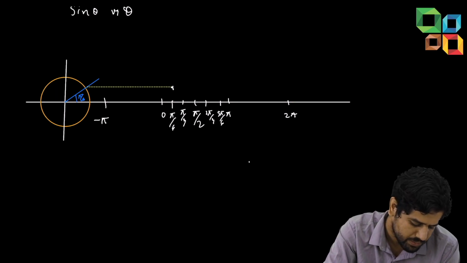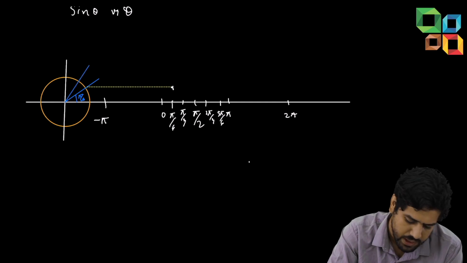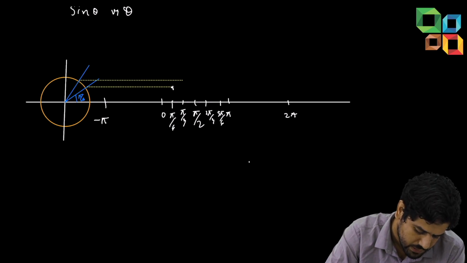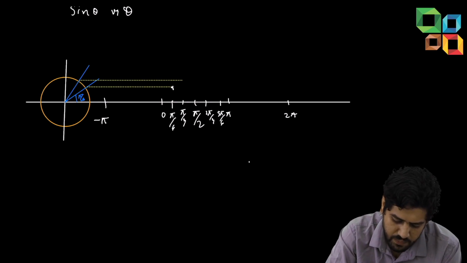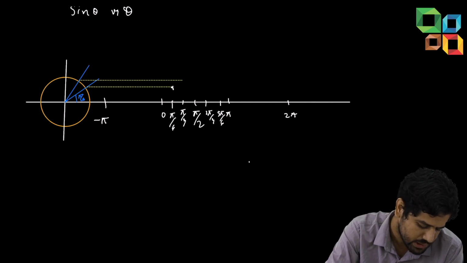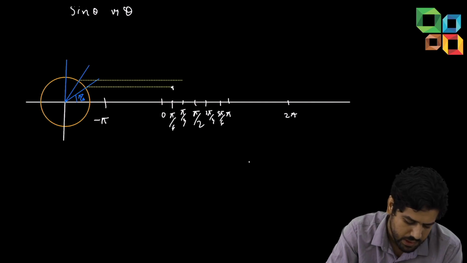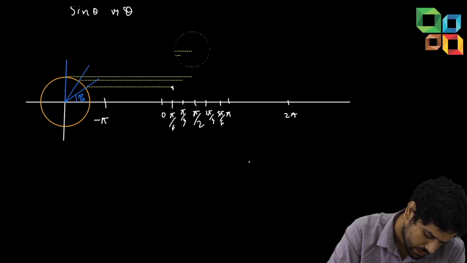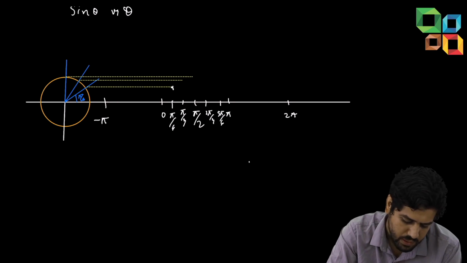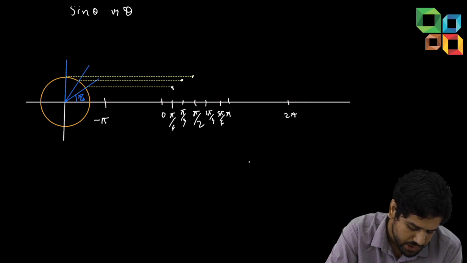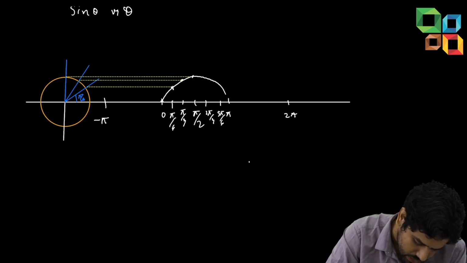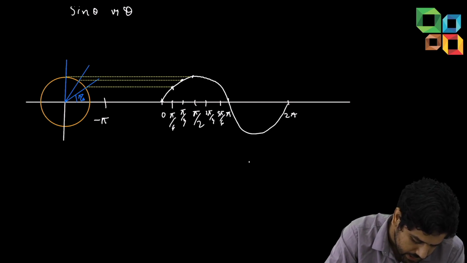Then suppose you want pi by 3. Okay. This height will give you sine pi by 3. So you just extend this here. That will give you sine pi by 3. Okay. And pi by 2 is this line. So you extend this, you will get sine pi by 2. Okay. So once you mark all these points and connect them with a smooth curve, you'll get a graph something like this.